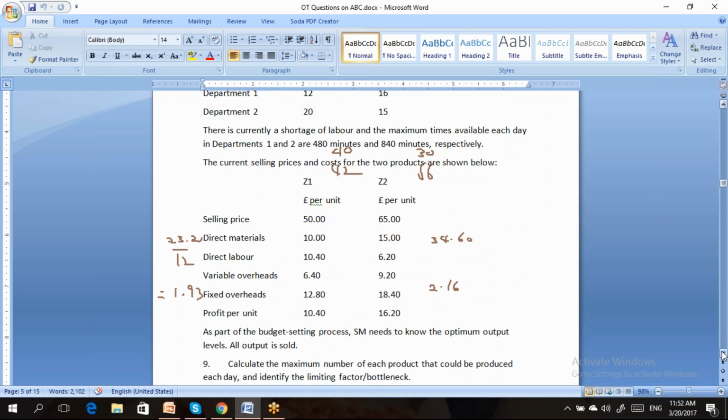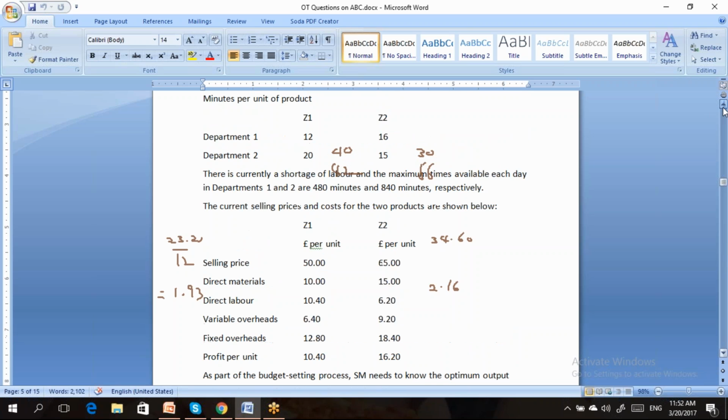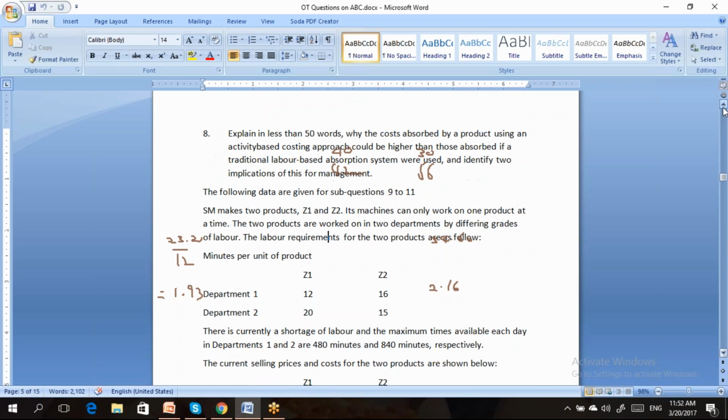With the 480 minutes available, we will look at how many units we can produce. Each unit is going to take 16 minutes. The problem here is they said machines can only make one product at a time.